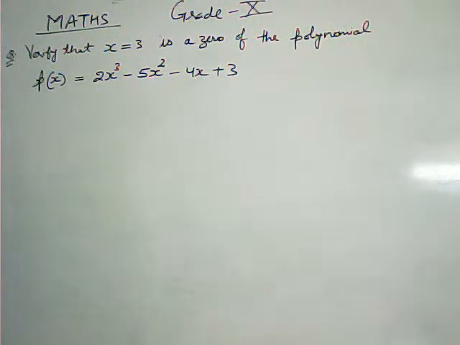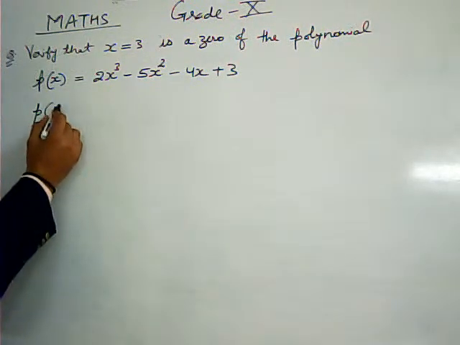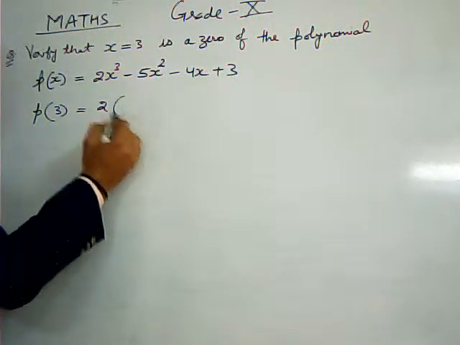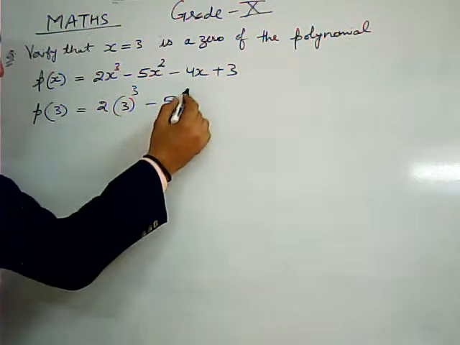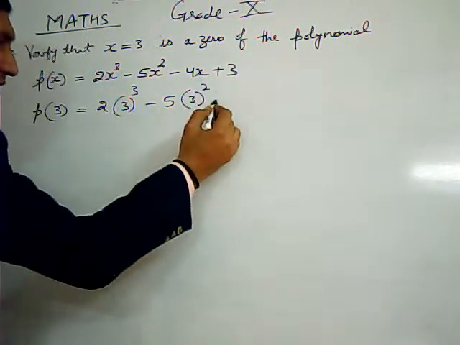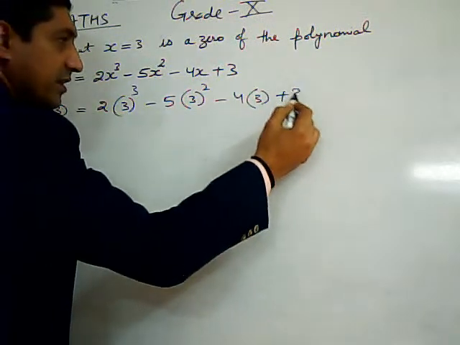So here just put the value of x in the polynomial: 2 into 3 cube minus 5 into 3 whole square minus 4 into 3 plus 3.